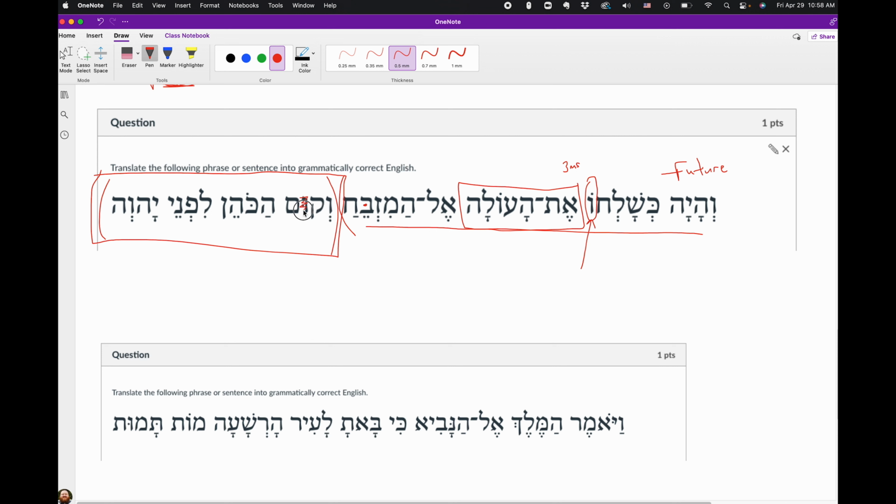And it should be a perfect. Because if it's a perfect, then we get, it shall happen that when he sends the burnt offering to the altar, the priest will arise. Again, that vav relative plus perfect means that we're going to have future time, and that would match the vehaya over here. The priest will arise before the Lord.